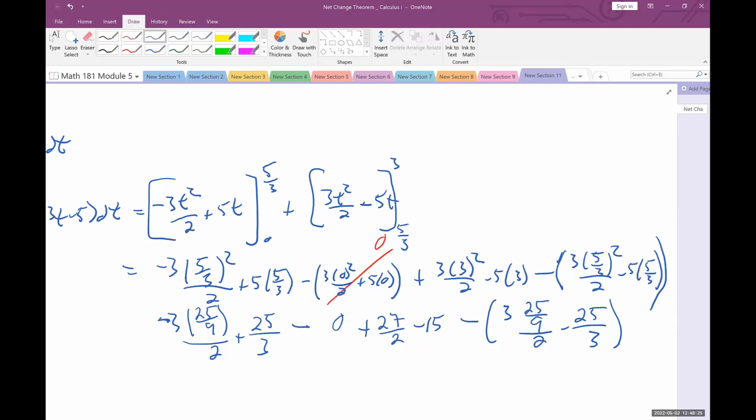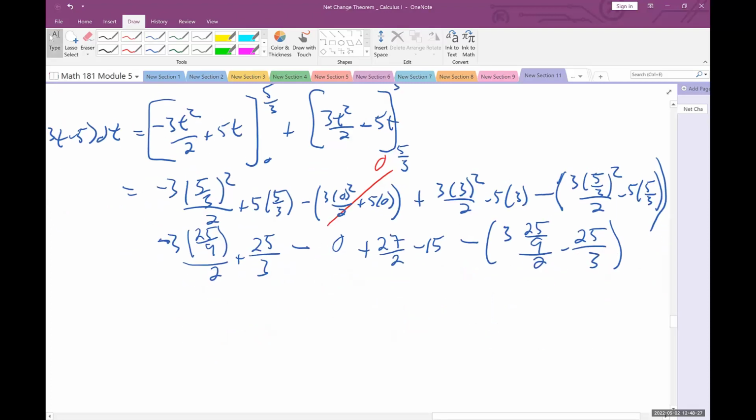What do we get out of this? Remember this part before, this was just our negative 3/2. Over here on the left, the negative 3 and the 9 reduces, that makes that into a 3 down here. That negative 1 is still there.